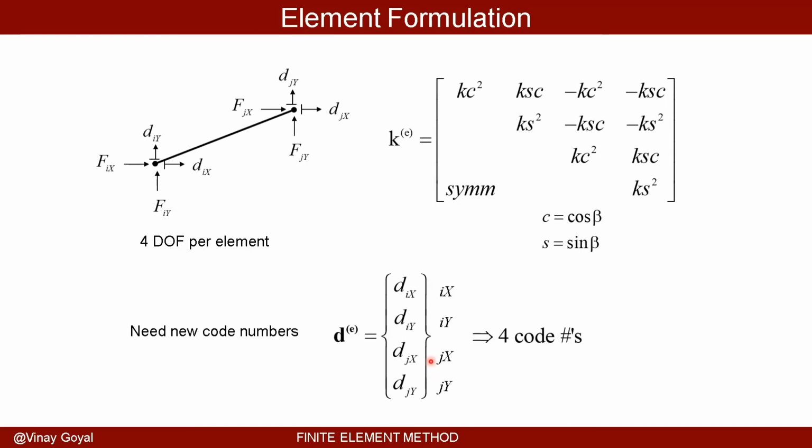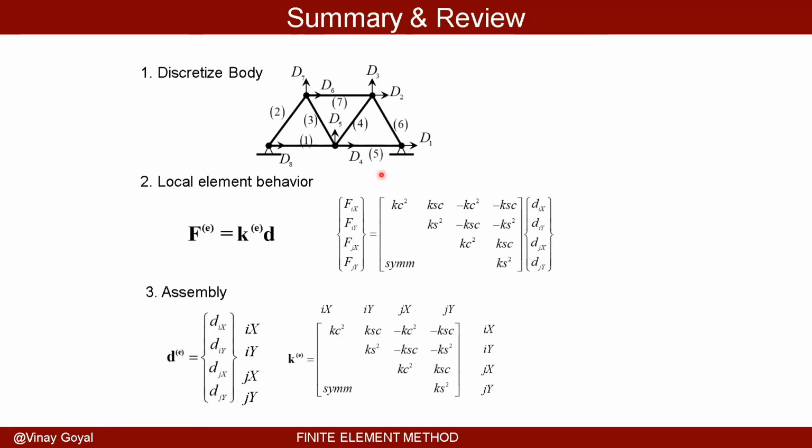Okay, so we made great progress. We discretized the body. I showed you how to discretize it. We developed the element local behavior. We figured out how to come up with the element local behavior, and we came up with a force-deflection relationship for a single element in the global orientation system.